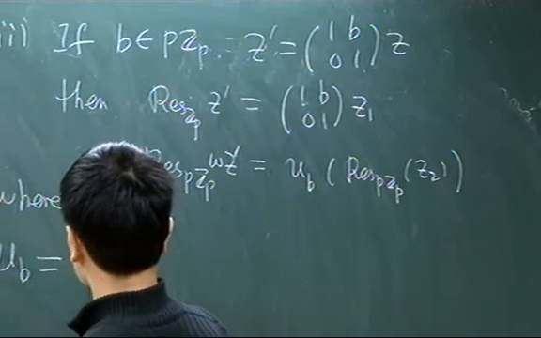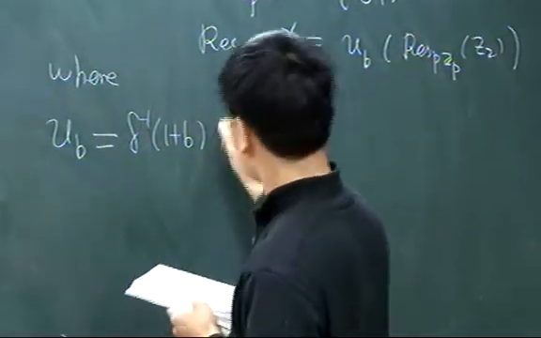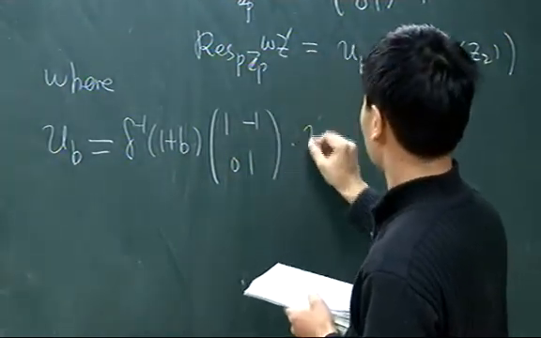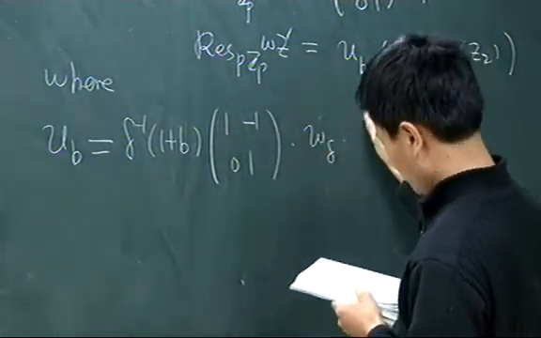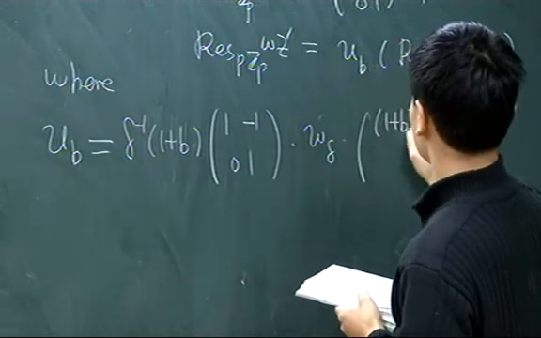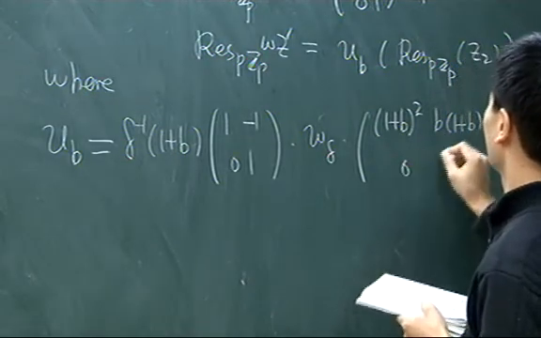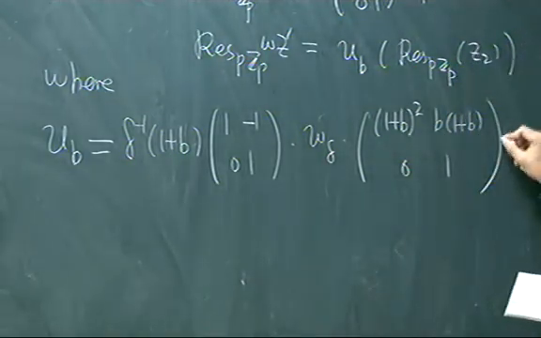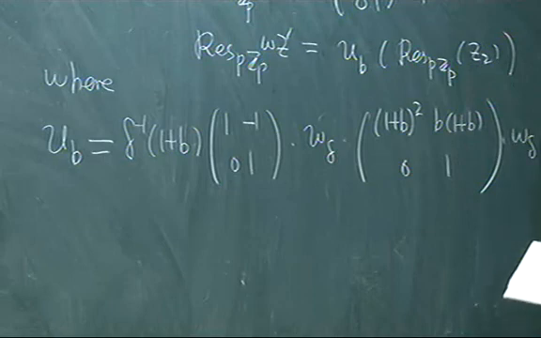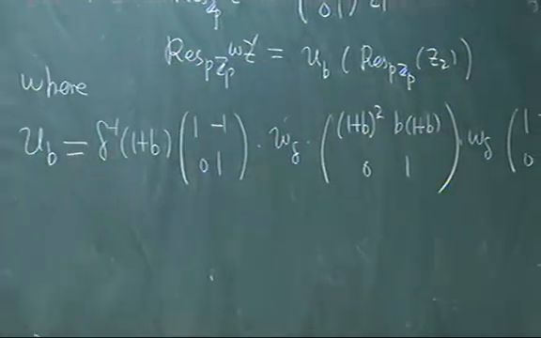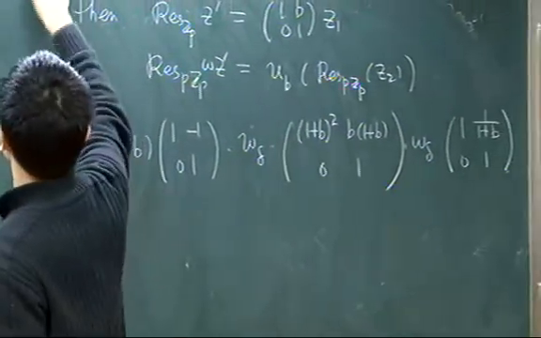It's delta -1 plus b, and then 1, -1, 0, 1. So this is really lots of computations, and I didn't check yet. Okay, so this is UB. So this is 5.